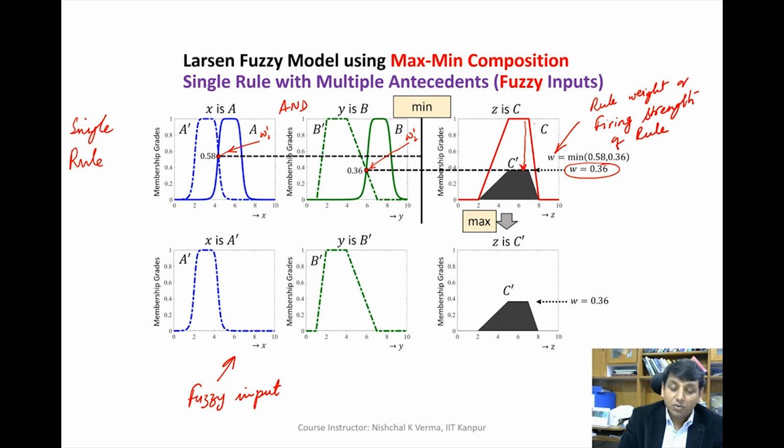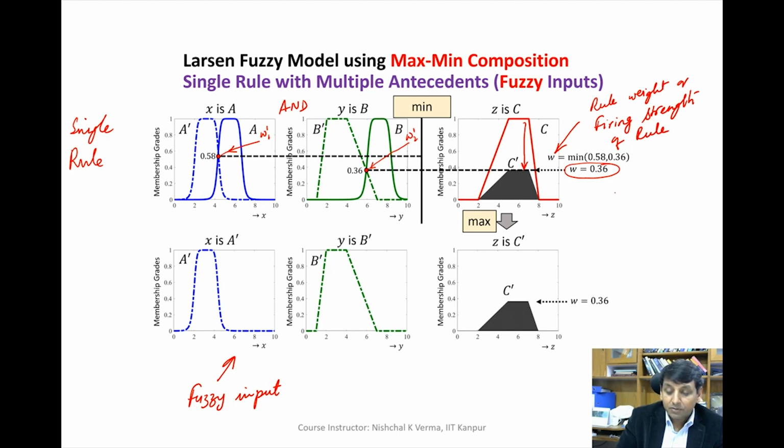So we bring the height here of the C fuzzy set to 0.36, and I already mentioned that we can get it very easily.